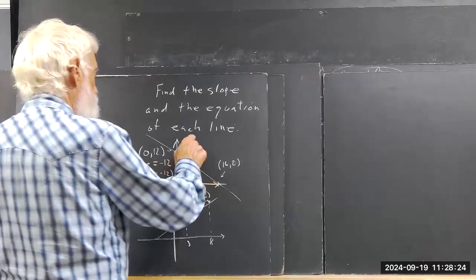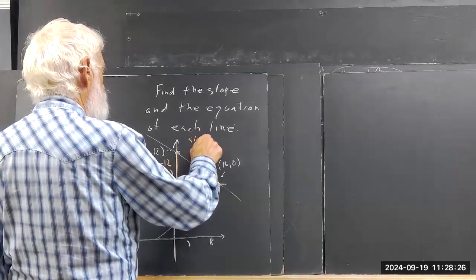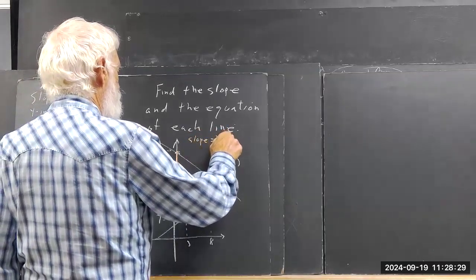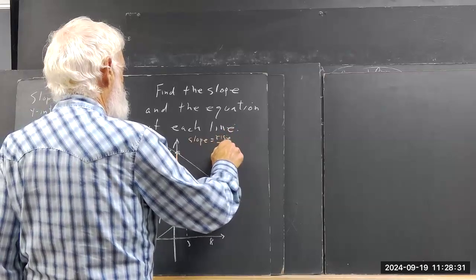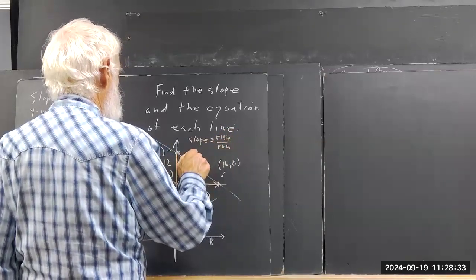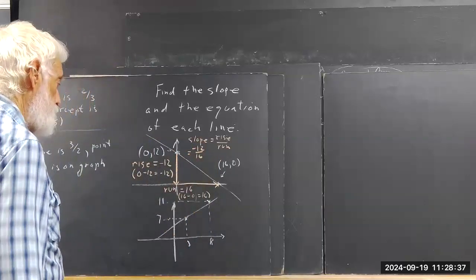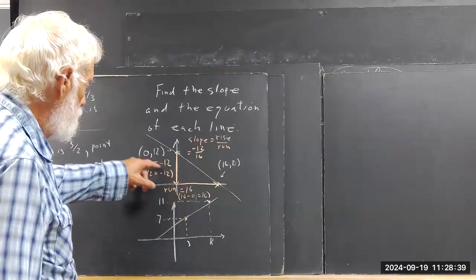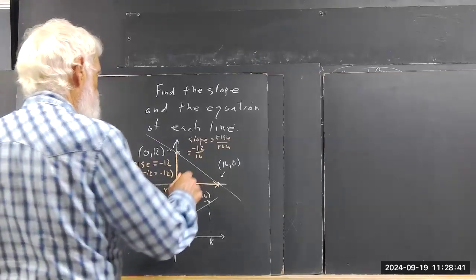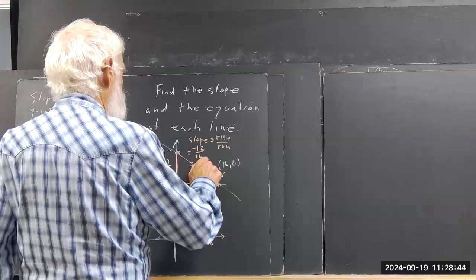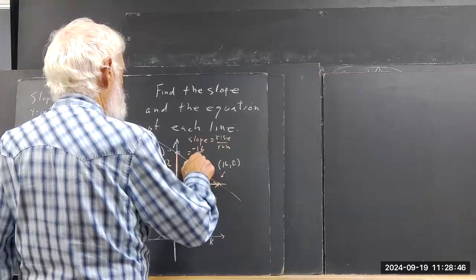So the slope is rise over run. You divide the rise by the run, you get negative 12 divided by 16 equals negative 3/4.